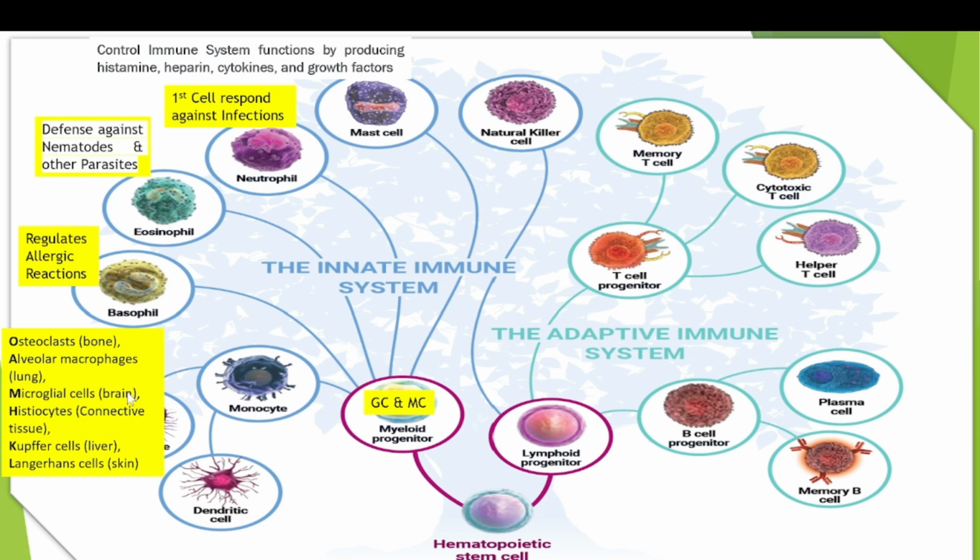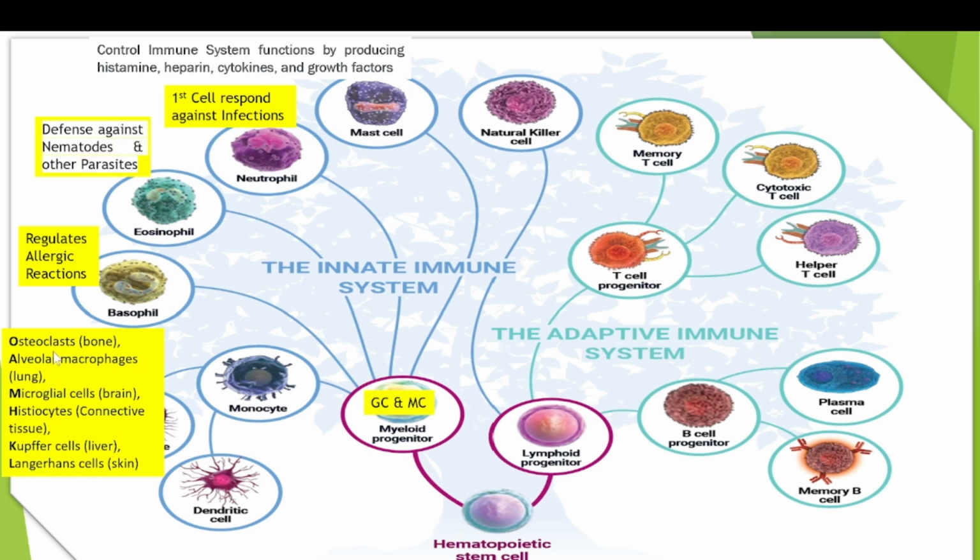Some settle in the brain, and those are called microglial cells. Some settle in connective tissue, and those are called histiocytes. Some settle in the liver, and they are called Kupffer cells. Some macrophages settle in the skin and are called Langerhans cells.